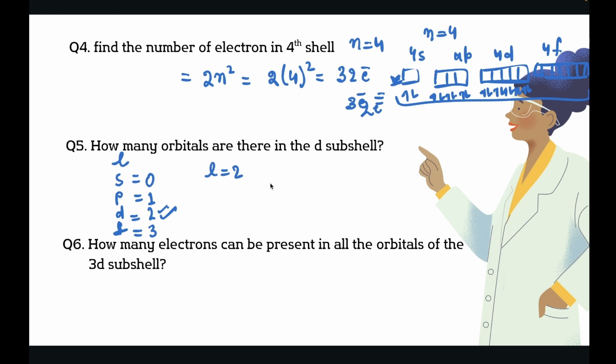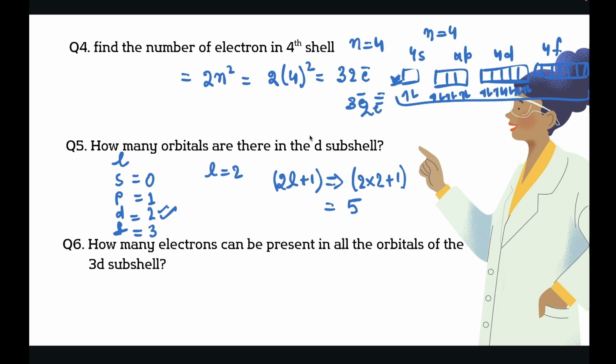So we can calculate the number of orbitals by using the formula 2l plus 1. Now put the value of l, 2, into 2l plus 1. That is, the total number of orbitals in the d subshell will be 5.